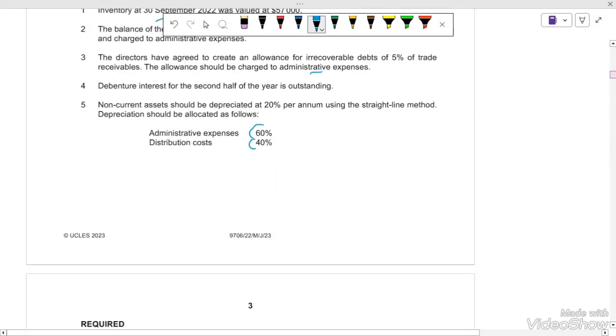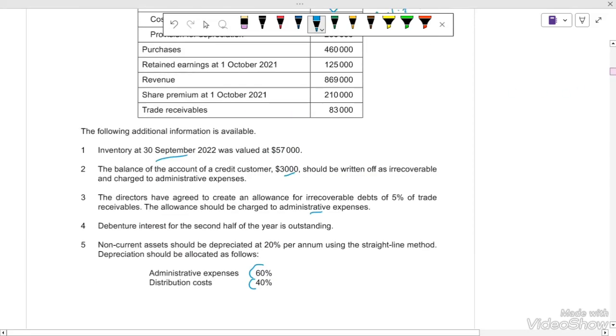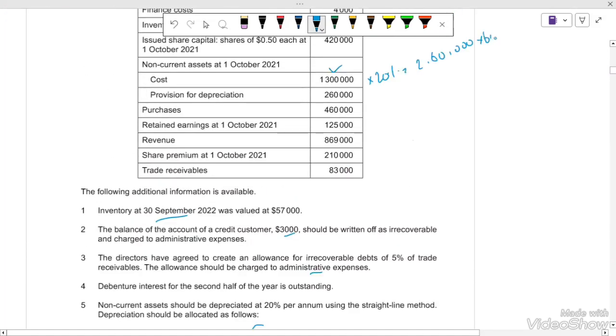And they said that 60% of depreciation should be allocated or transferred to the administration expenses. So now we are going to multiply it by 60%. So we have depreciation for the administration department, which is this.